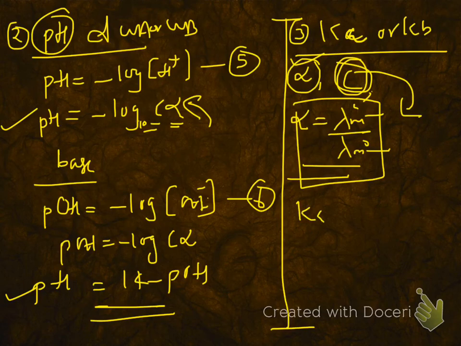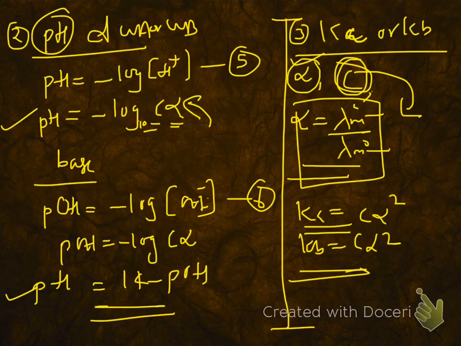Then Ka equal to C alpha square, and Kb is also C alpha square. So you have to find alpha first through the molar conductance measurement, and substitute that value to get the final solution. These are the three major applications of Ostwald dilution law.